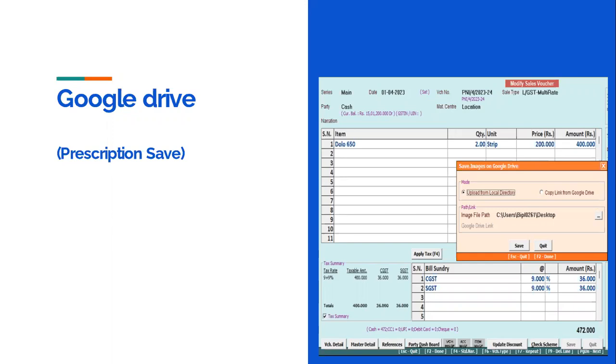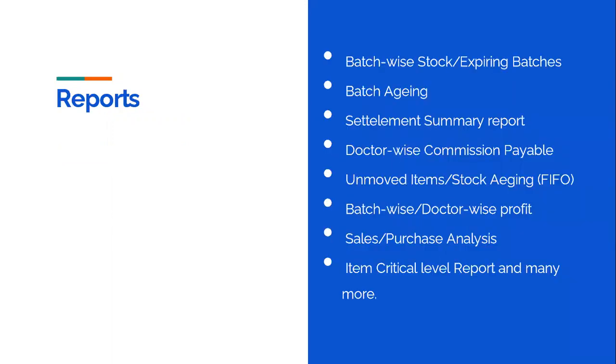Then the shopkeeper or owner saves the prescription in their book or diary. Other than this, Busy has a digital prescription saving option with the help of Google Drive integration. Directly, you can save the prescription of the patient into Google Drive. So moving to the next slide.